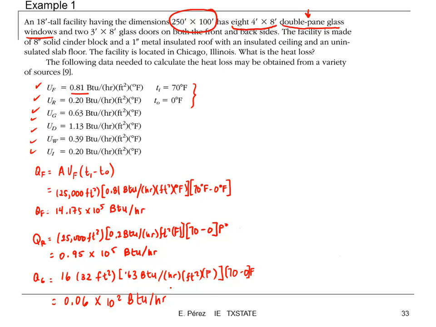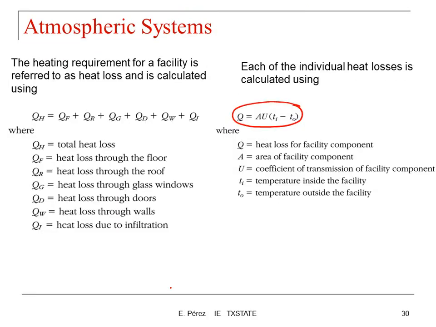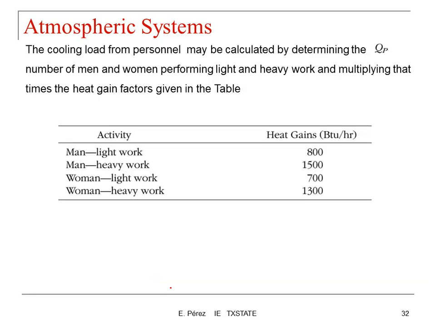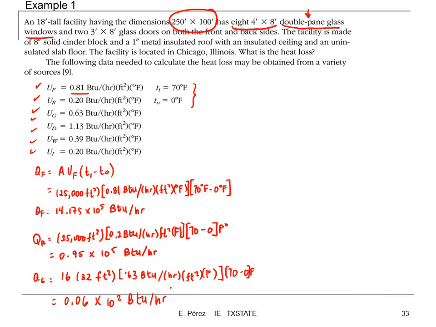So the next component is QD, which is the heat loss through doors. And you're gonna work on that one individually, and you're gonna submit that. You can just use a piece of paper.